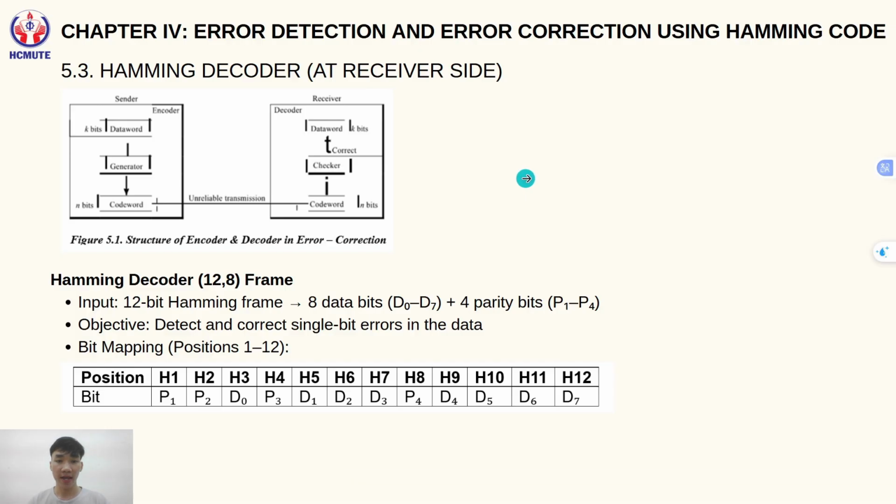Next, I will present the detailed design and operation of the Hamming decoder at the receiver side, which consists of two main blocks. The first is the Hamming checker unit for error detection, and the second is the error correction unit for single bit error identification and correction.